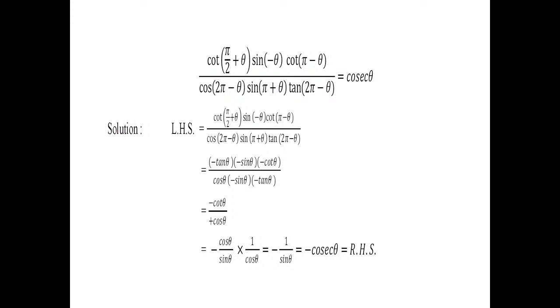Similarly we can solve this. Cot of pi by 2 plus theta into sin of minus theta cot of pi minus theta upon cos of 2 pi minus theta sin of pi plus theta tan 2 pi minus theta is equal to cosec theta.